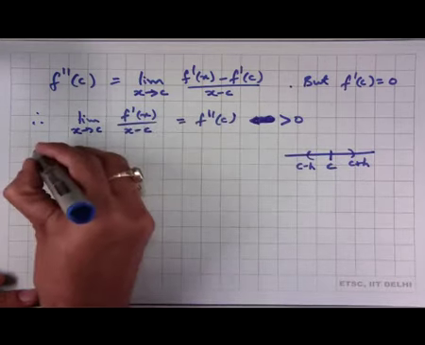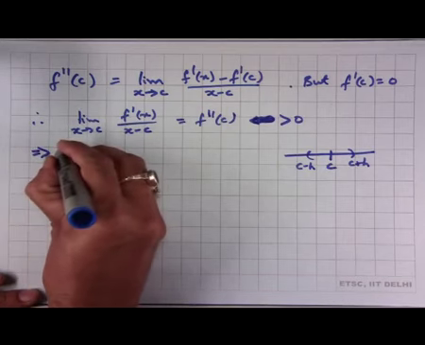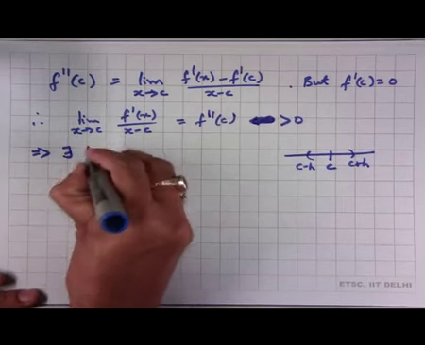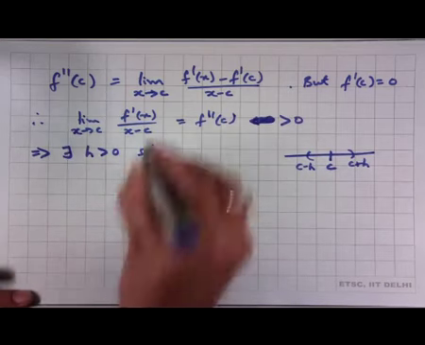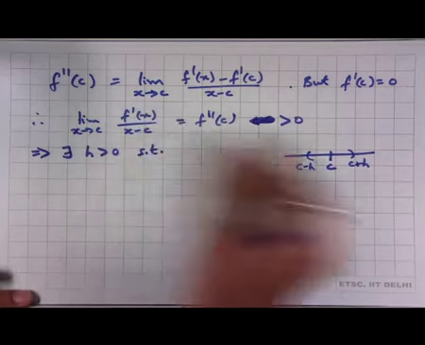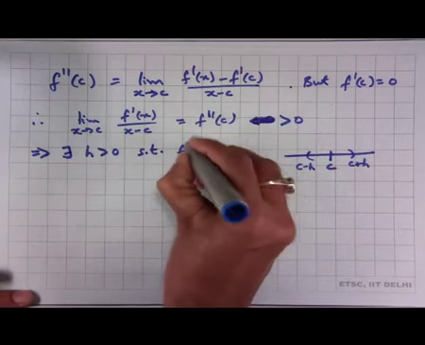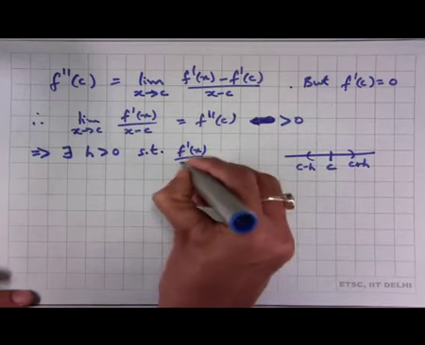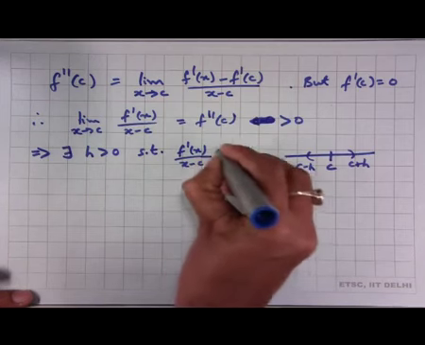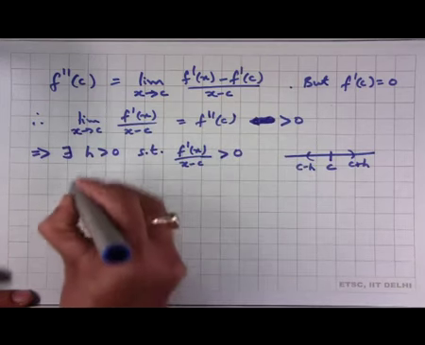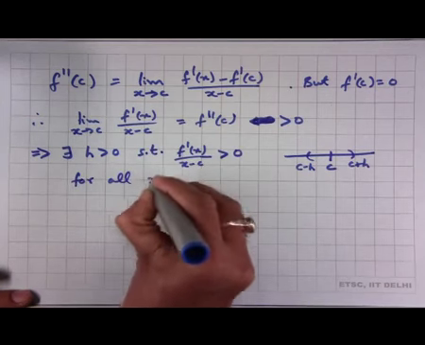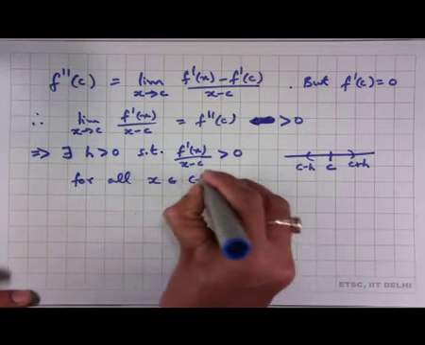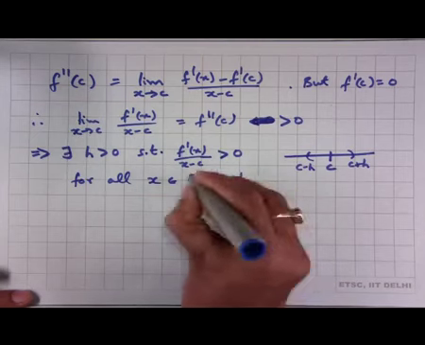So, this implies there exists h positive such that this function, f prime x by x minus c, whose limit is positive, must be positive for all x belonging to c minus h to c plus h.